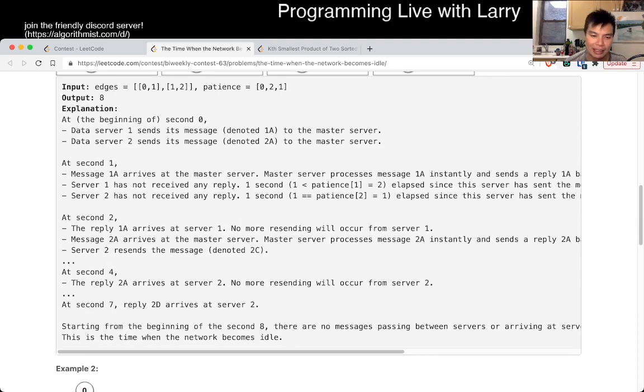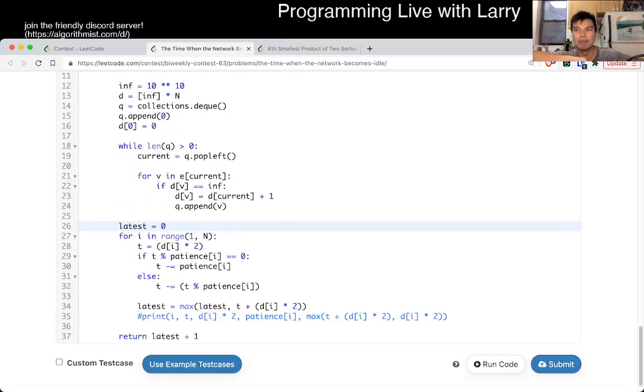You could do this independently because each message doesn't care about any other message, and each node doesn't really care about every other node other than the distance. So the total time of a round trip is just going to be the distance times 2, because the node sends a message to the server, it gets back, and that's times 2.